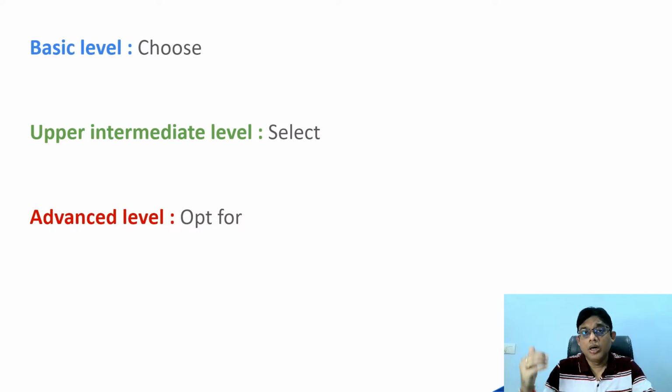Sounds better? Opt for. I'll opt for something instead of I'll choose something. So make a sentence with opt for.